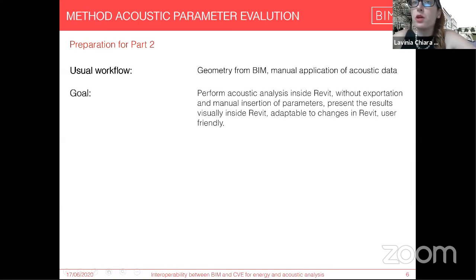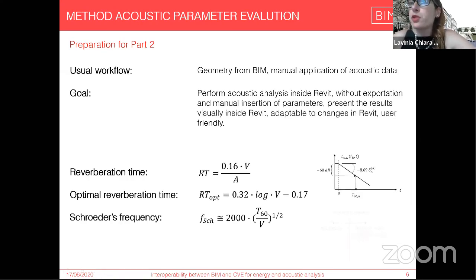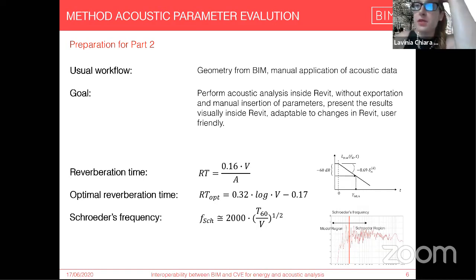For part 2, we use the geometry from BIM. Currently, the analyses are performed using the geometry and the manual application of the acoustic parameters in the software for the acoustic calculation. Here we perform the acoustic analysis inside Revit without export, and we try to avoid the manual insertion of parameters, and we work with Dynamo scripts.